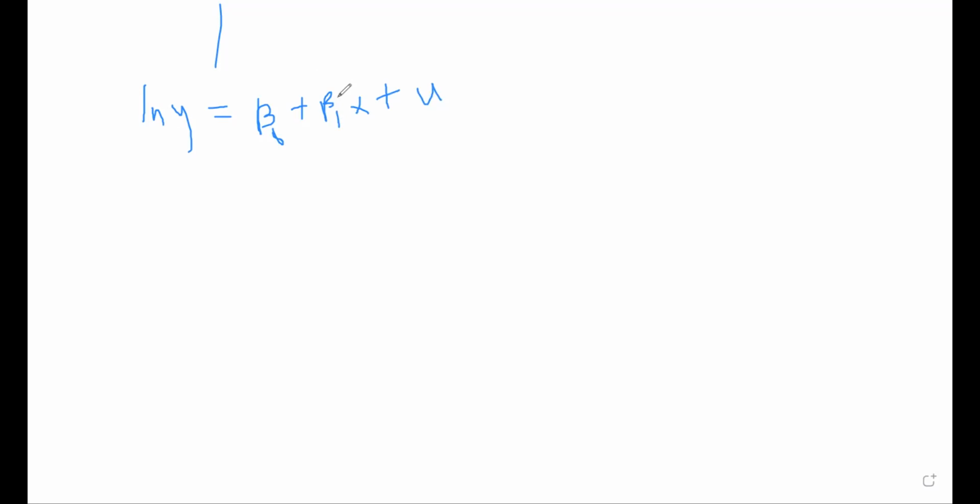When you see log of the dependent variable, that's the interpretation. I'll show you if we have log how to interpret, pretty straightforward. Listen to the language carefully. When x changes by 1 unit, all of ln of y will change by beta 1. That you are familiar with. But I am not talking about all of ln of y.